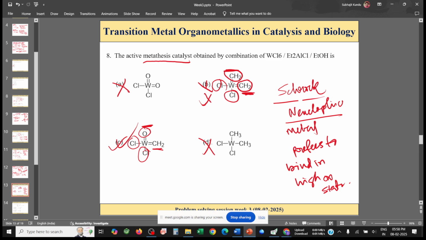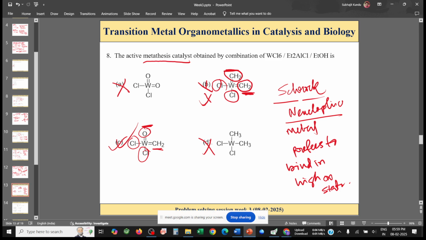So the first option we cut out. Next, which carbene is given? Both are given as Schrock type carbene. Schrock type carbene doesn't contain heteroatom and is nucleophilic in nature. Nucleophilic carbene binds with the metal atom in high oxidation state.